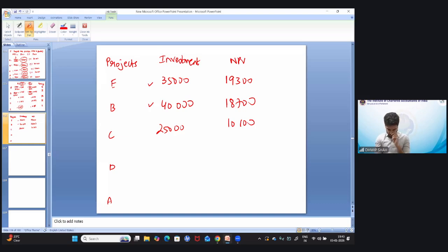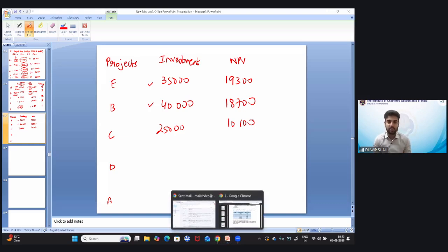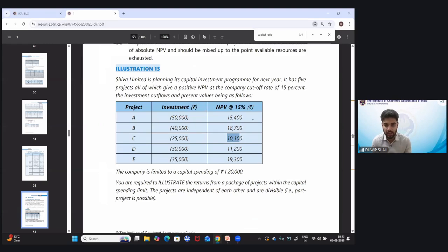ठीक है, next is project D. Now my balance amount in my गल्ला, दुकान के गल्ले पे मेरे पास 20,000 पड़ा है and project D is costing 30,000. बोलो पूरा प्रोजेक्ट D ले सकता हूं? We cannot take project D entirely. This should be your answer. पूरा नहीं ले सकते. But can I say these projects are divisible?